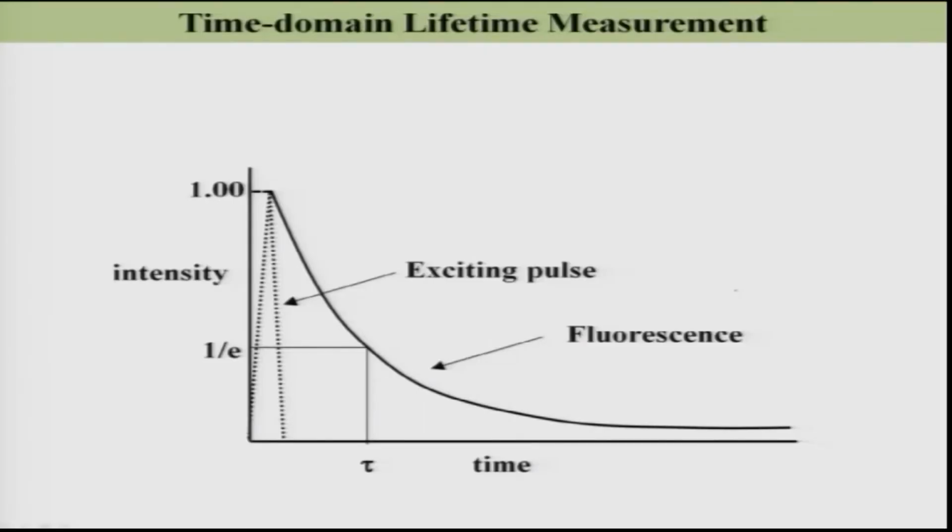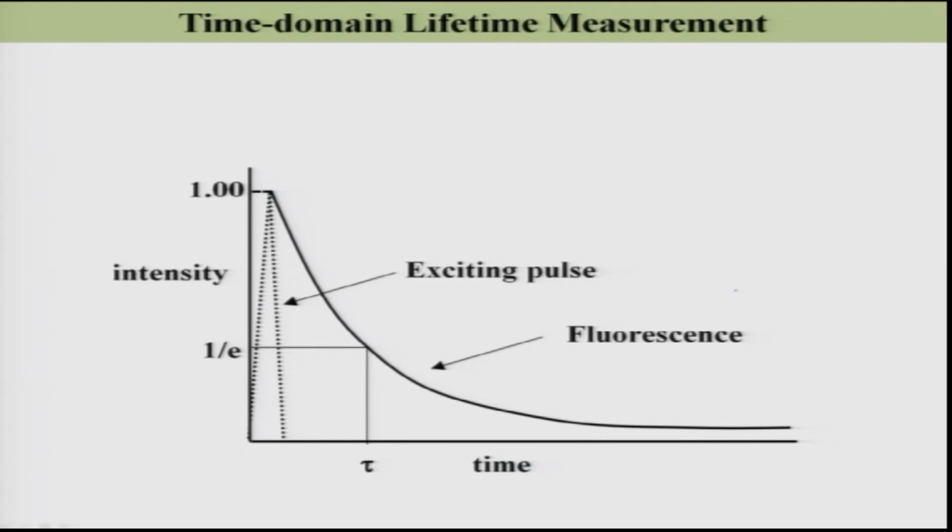If it is single exponential, fine; if it is bi-exponential, then the curve will be a little bit distorted, and so on. Ultimately you will get the intensity versus time plot, and from there you will be able to calculate the value of the lifetime tau. So, now let us discuss how we are going to measure it. As I said, lifetime can be measured in two ways.